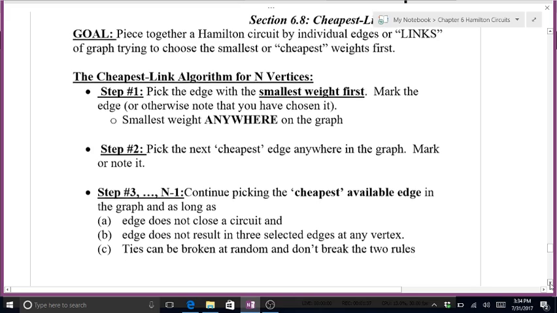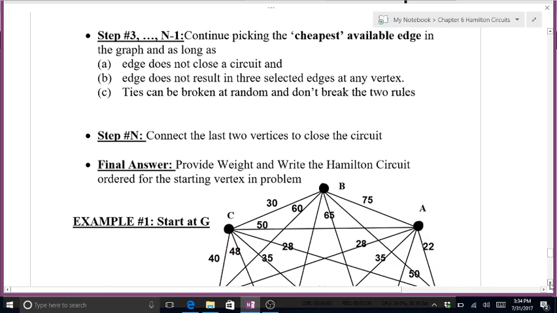And sometimes there may be ties in this one. Ties can be broken at random. Just don't break the rules. So if I've got 2 lines with the same weight and they're the smallest ones, and you could pick one or the other, just pick one. There's no right or wrong there, as long as you don't close a circuit and you don't have 3 lines coming out of a vertex.